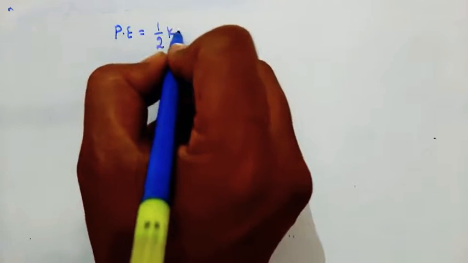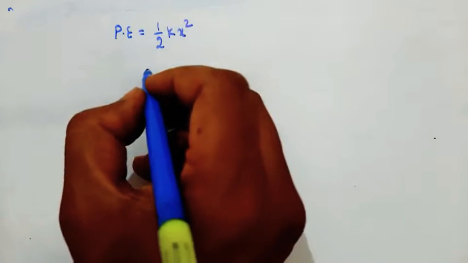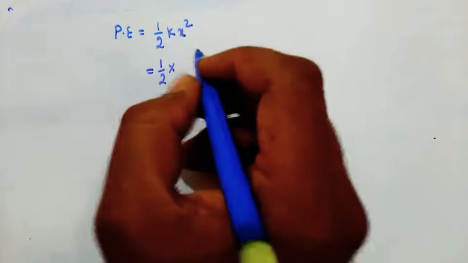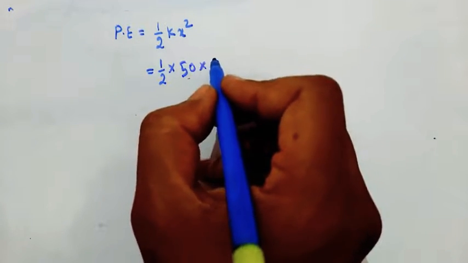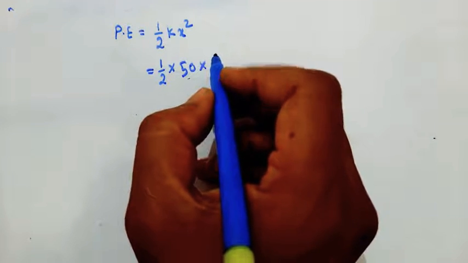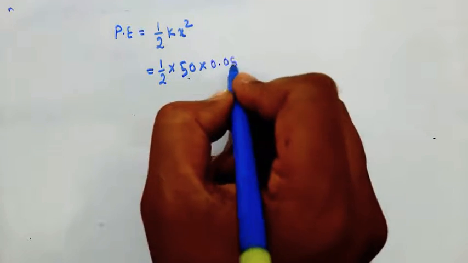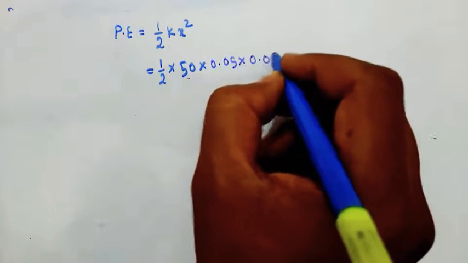The potential energy of the block is half k x square. So half k, where k is 50, is 25, and x is 0.05, so 0.05 into 0.05.